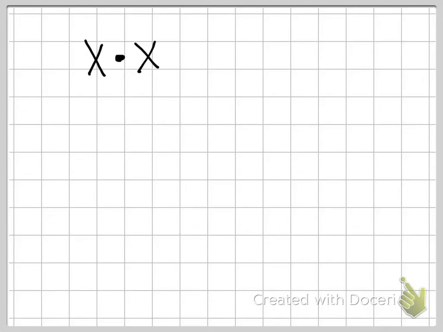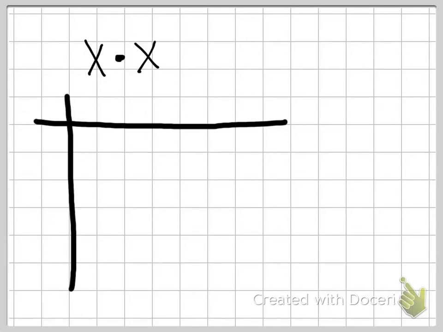So what about x times x, which is what an exponent is, and what we just got done working with? When we multiply using algebra tiles, we create this type of table, and it allows us to make what you would have done in previous grades, like an array.